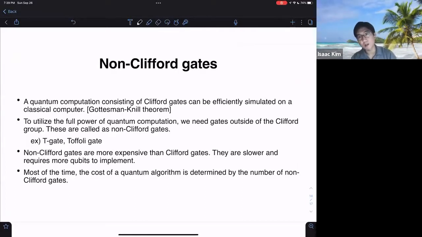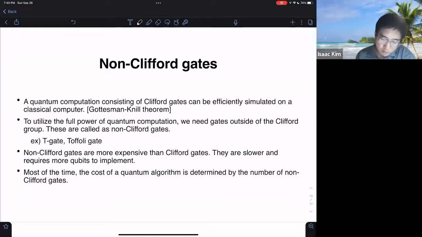This does not mean that arbitrary quantum computation can be simulated classically, because Clifford gates are a very specific subset of the circuits that you can implement. But what it does tell you is that if you only apply Clifford gates, that's probably not going to be very useful for achieving quantum speedups, because whatever you're doing, you can just classically simulate.